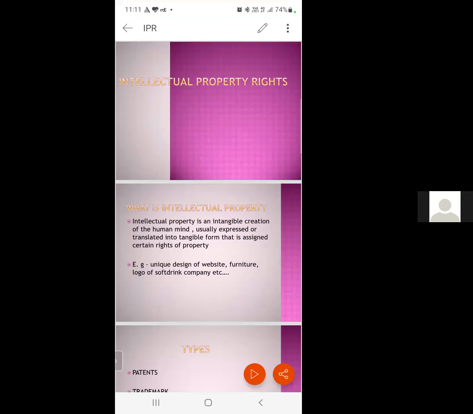When we hear the word intellectual property, what comes to our mind is some logo or a specific product. But apart from that, there are numerous things which come under intellectual property. So first we will see the general idea and what intellectual property actually means.